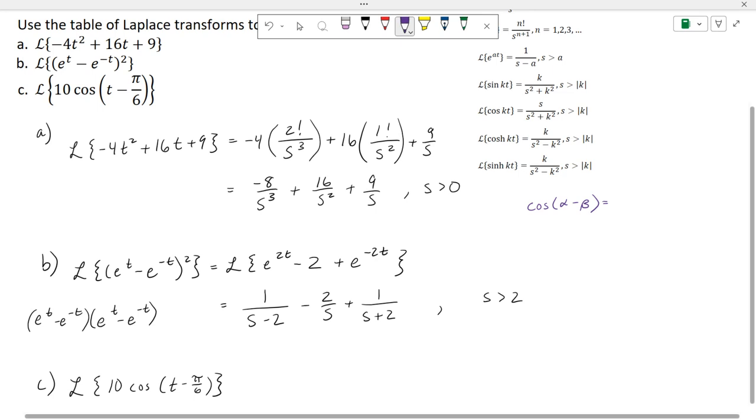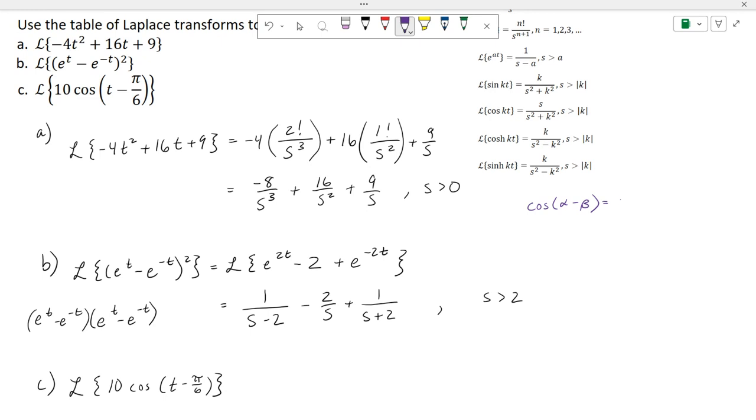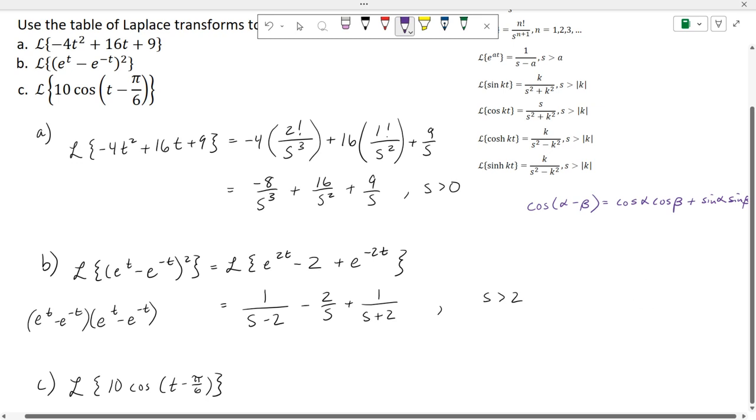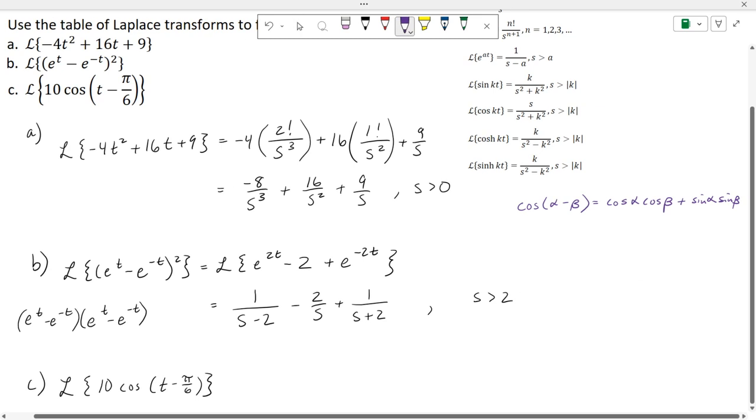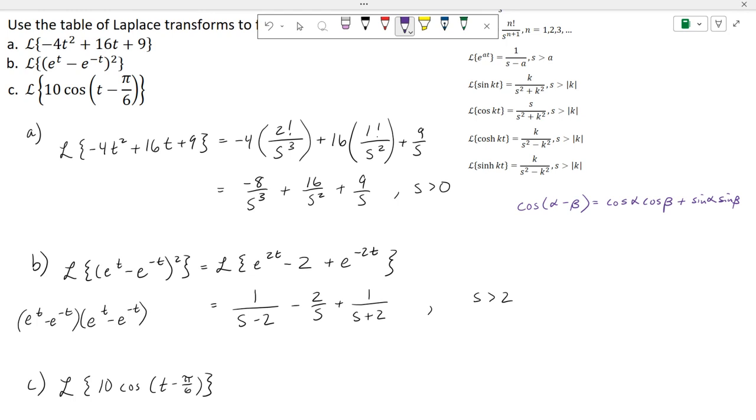So this identity tells me that this is equal to cosine of alpha times cosine of beta plus sine of alpha sine of beta. And this is looking pretty good to me because I can actually evaluate sines and cosines. And some of these are just going to be a number because I'm plugging in the actual pi over 6 there.